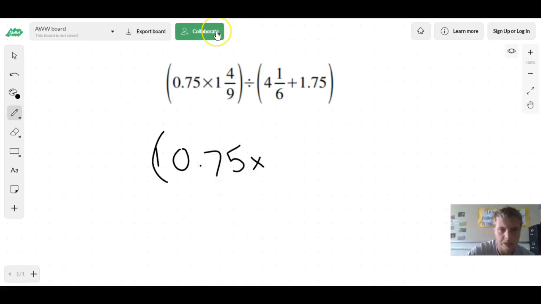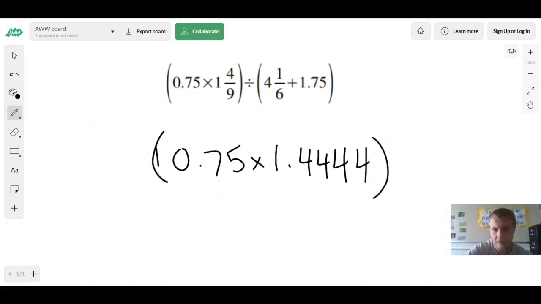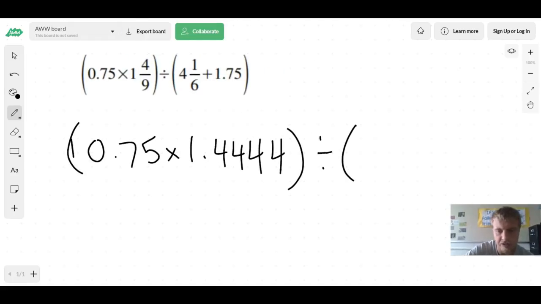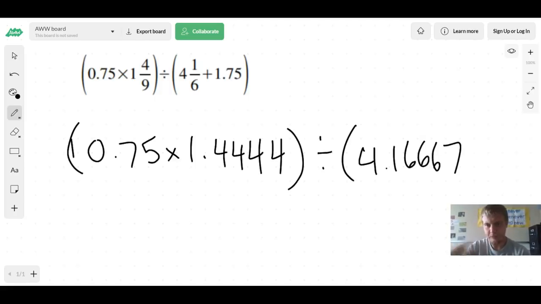That's 0.4 repeating, so let's just call that 0.4444, divided by, let's take 1/6. So that's 0.1 and a whole bunch of 6s, so that'd be 0.16667, plus 1.75.